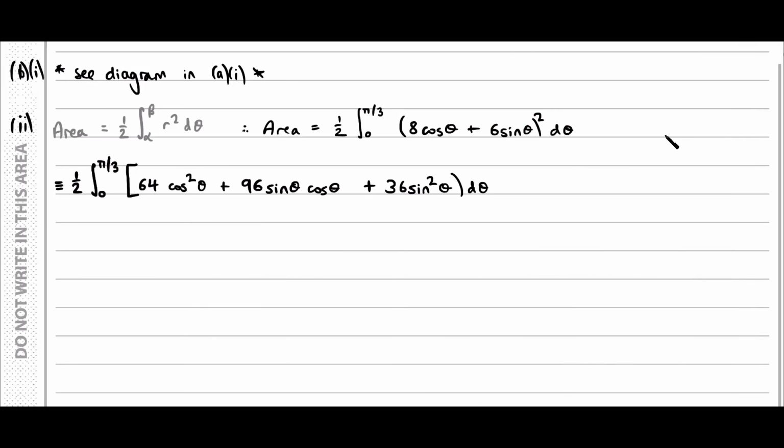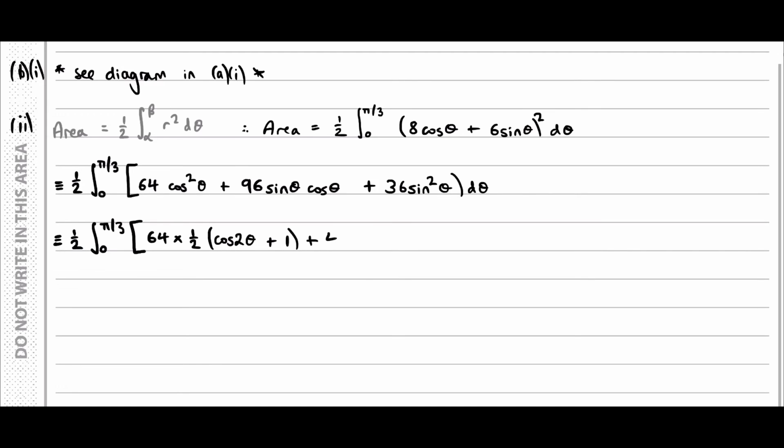And if we use those, we have a half times the integral from 0 to pi over 3. We have 64 times a half cos 2 theta plus 1, and then 96 sine theta cos theta.